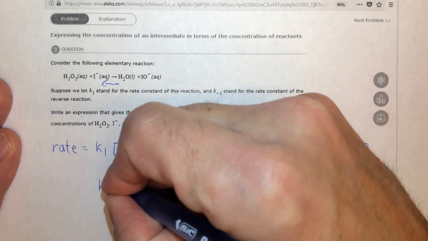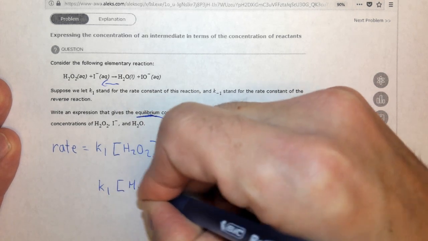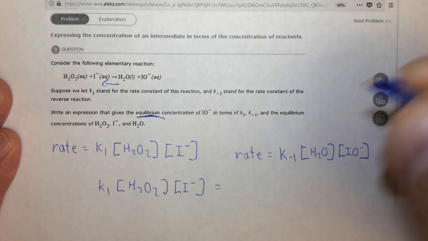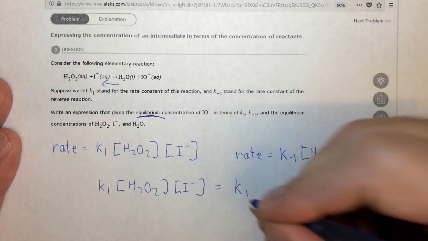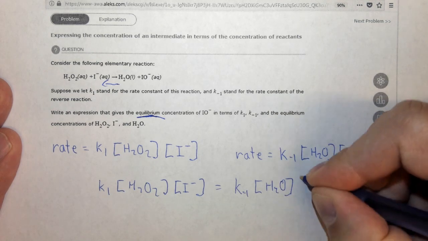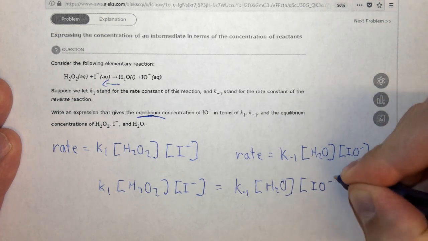So K1, concentration of H2O2, concentration I minus, equals K minus 1, concentration of H2O, concentration of IO minus.